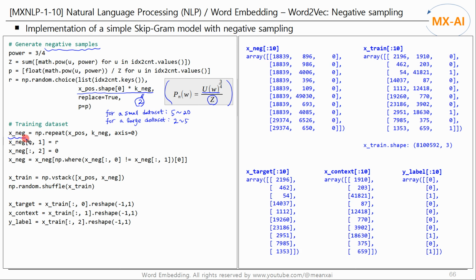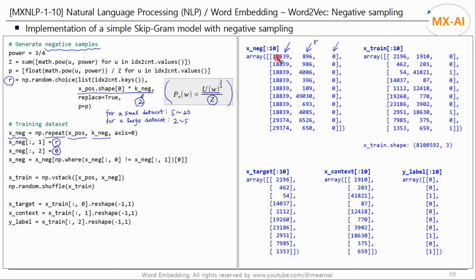Create an array xneg by repeating each element of the array xpos k times. The first column of this array contains the target words. Insert the negative word sampled above into the second column, and fill the third column with label 0.